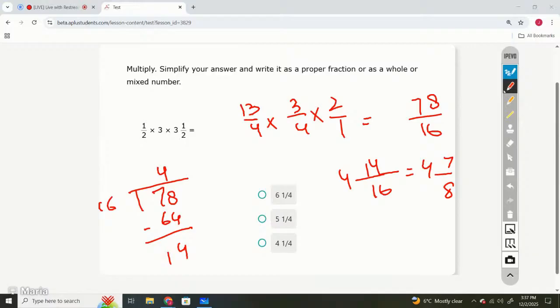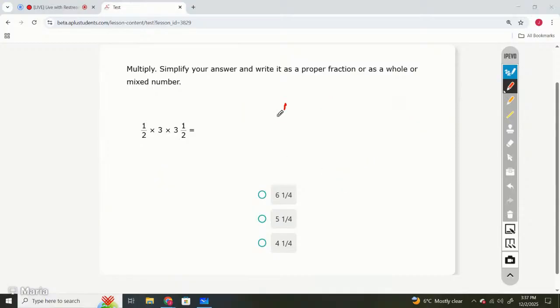1 by 2 times 3 whole 1 by 2. That is 1 by 2 times 3 by 1 times 7 over 2.